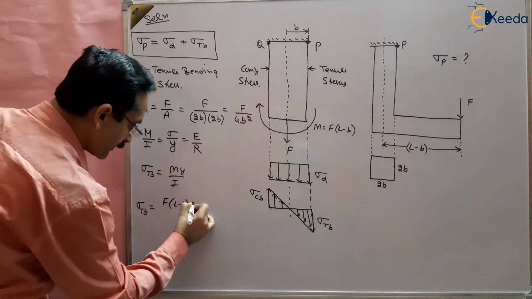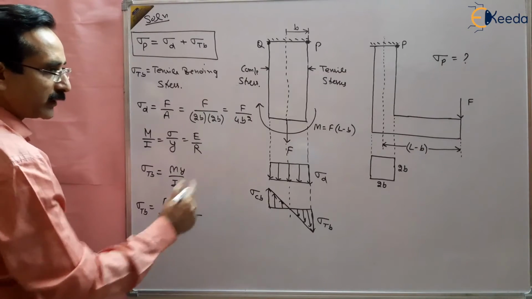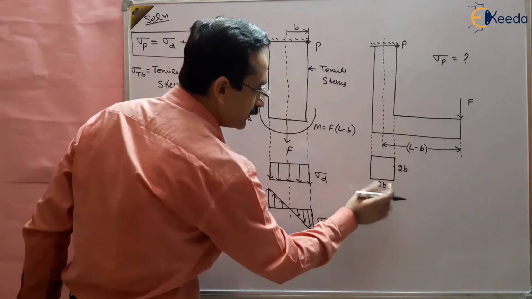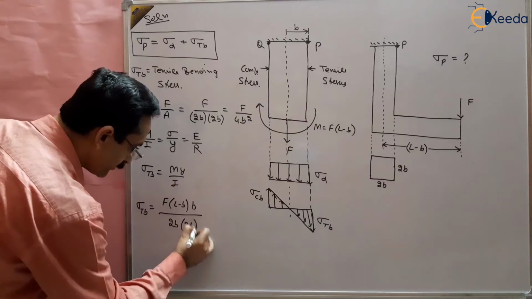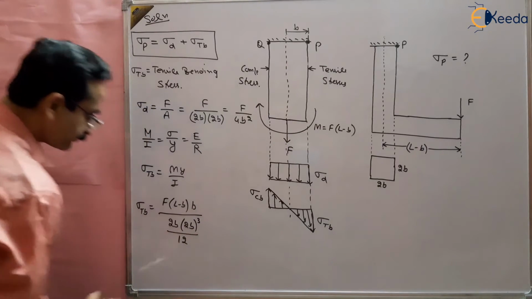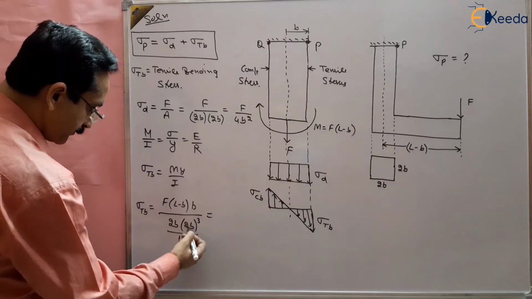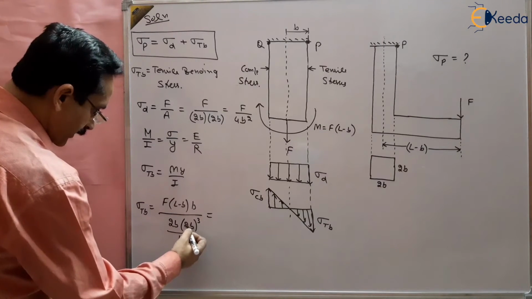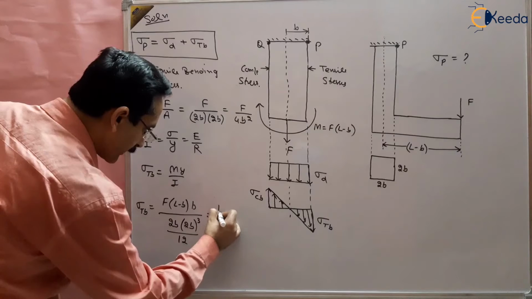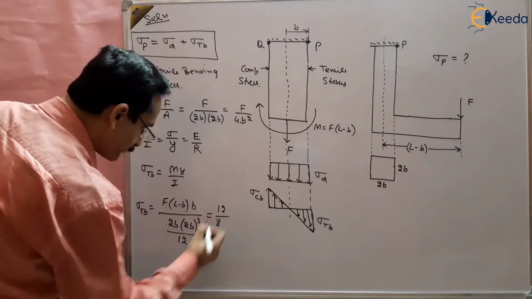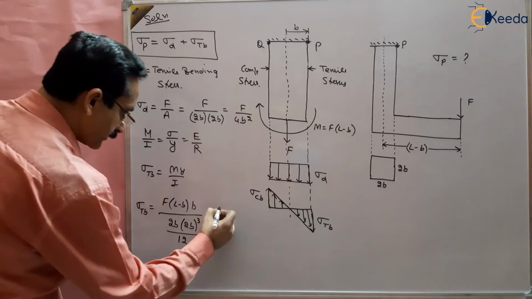Y is b, the extreme distance, upon I, and I is bd cube by 12, right? So b is 2b and d cube is (2b) cube, by 12, so this will come out to be 12 by 8, which is 3 by 2, so it will be 3 by 4 basically.